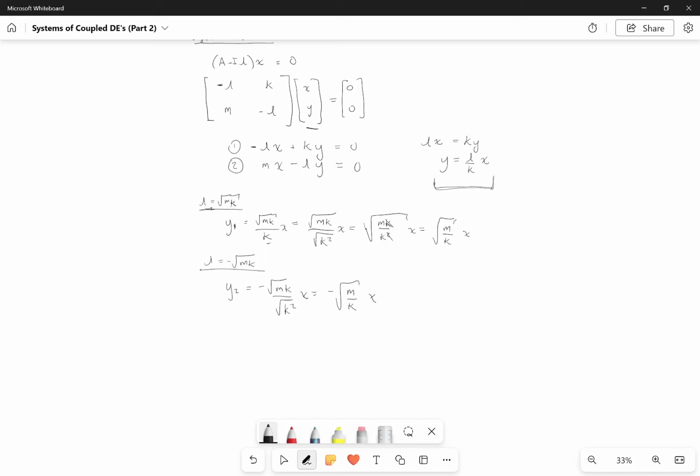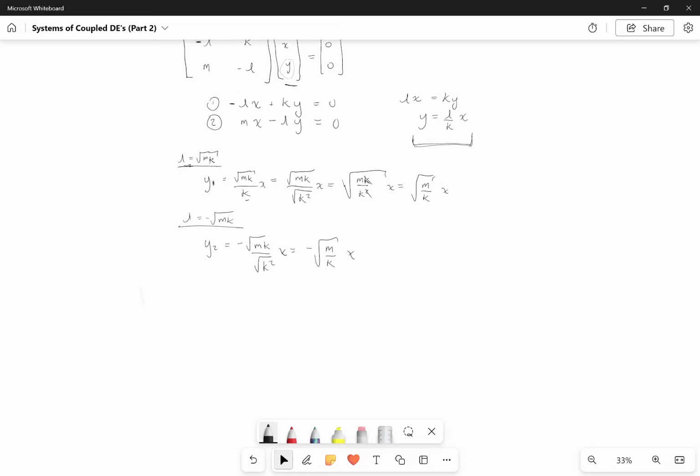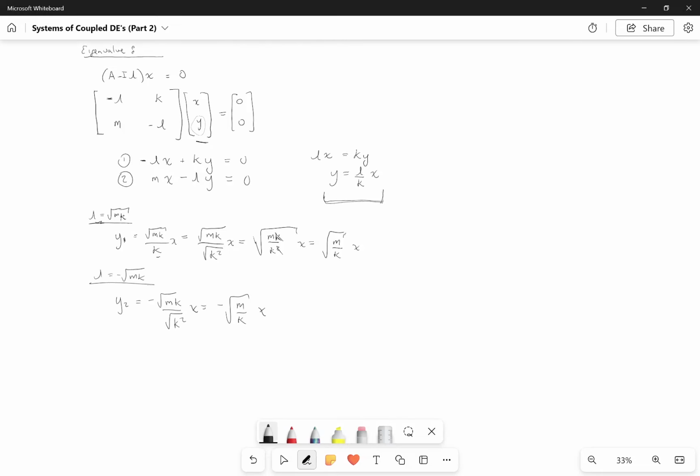This is the little y that goes inside here. Okay, this is the relationship. This x vector is x, y in this one. I should just call this y here, keep this nice and simple. If this is x, then y is square root m over k times x.